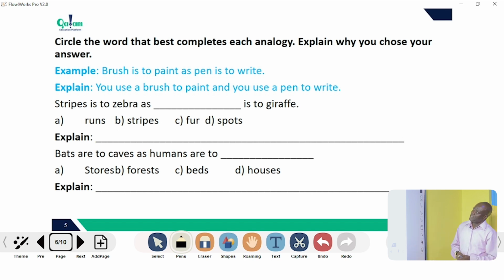So, example, brush is to paint as pen is to write. You use a brush to paint and you use a pen to write. Okay? So, let us see this one. Strips is to zebra as dash is to giraffe.